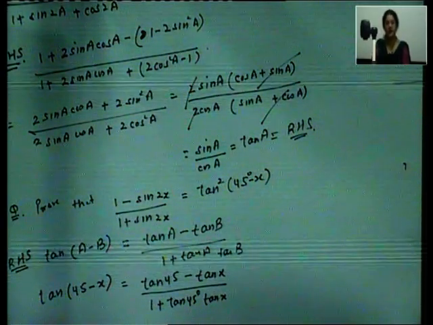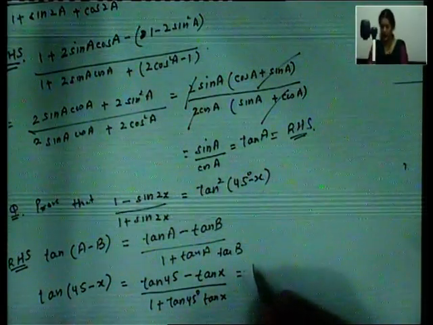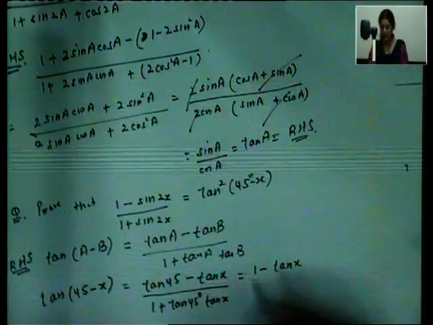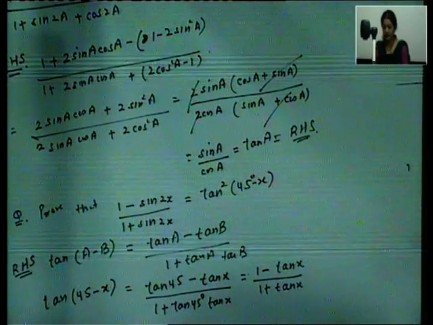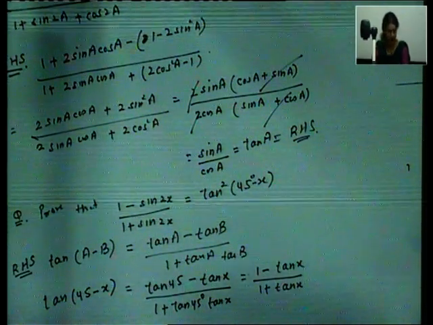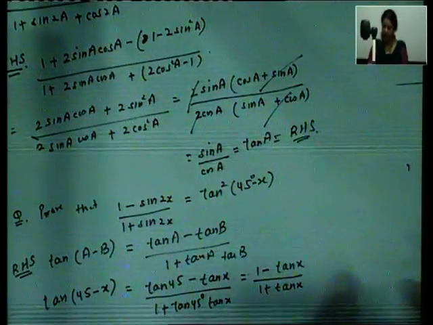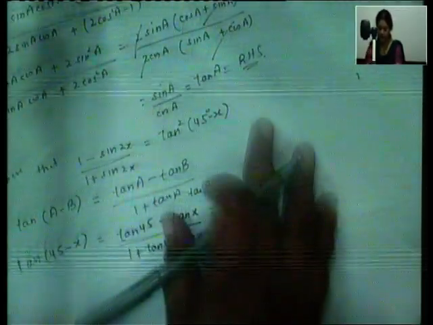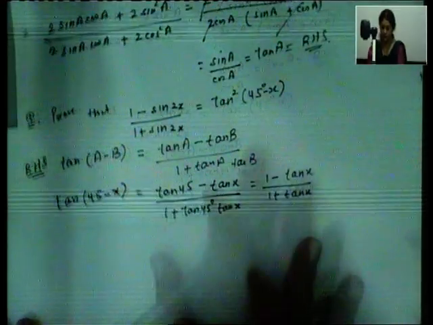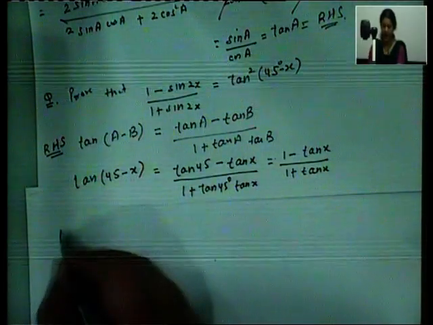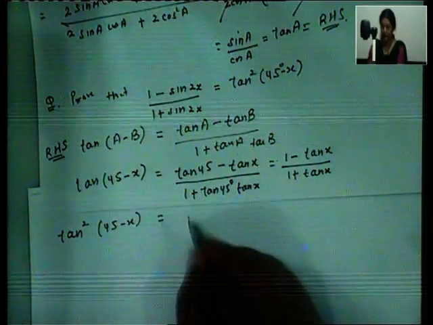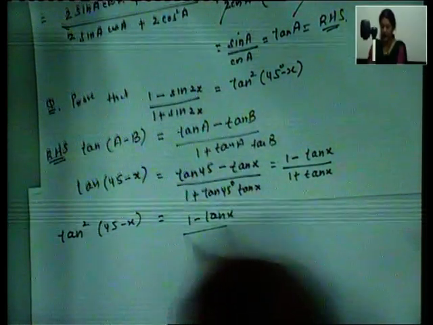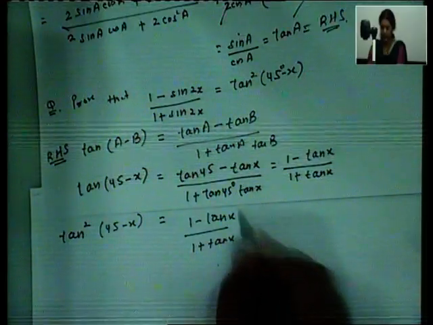Now tan 45 degree is 1. So this is equal to (1 minus tan x) upon (1 plus tan x). Now what do I want? I want its square. So therefore tan square of (45 minus x) will be equal to ((1 minus tan x) upon (1 plus tan x)) whole square.